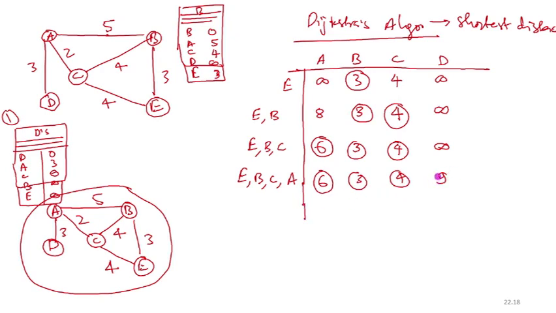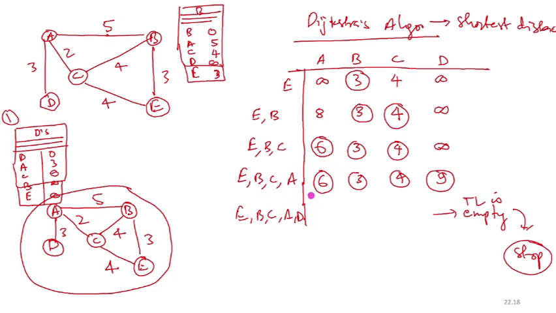So now this is the minimum, so it is also optimized. So it is E, B, C, A, and D, and these are all optimized ones. So now the tentative list is empty. So we will be stopping.